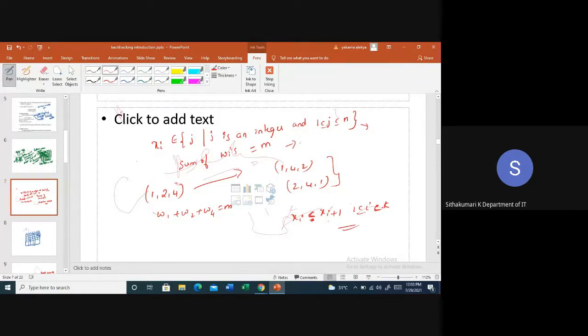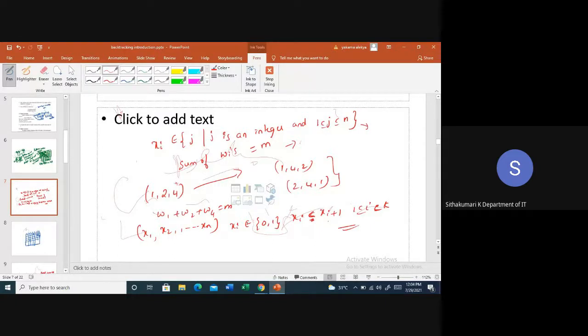And another formulation for the same sum of subsets problem is that each solution subset can be represented by an n-tuple. In the previous formulation, different solutions can be tuples of different sizes. But in the second formulation, each and every subset should be represented as an n-tuple, x1, x2 up to xn. You cannot have any other. Each xi can be equal to either 0 or 1.